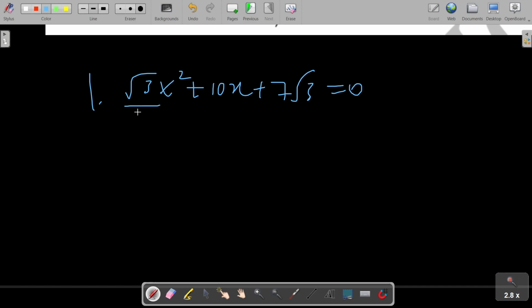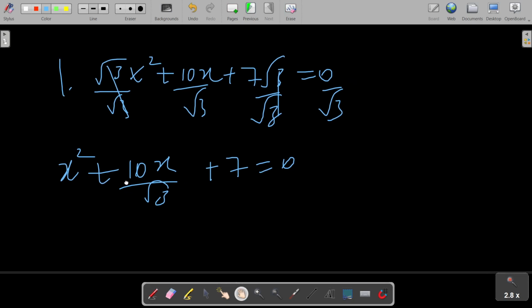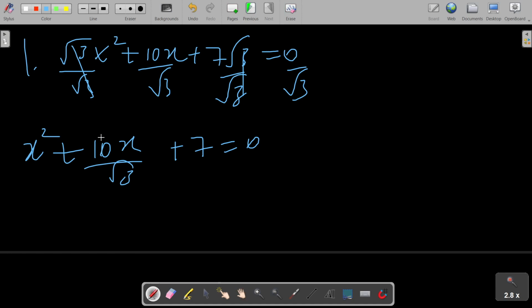So let's divide by root 3 on both sides. This will get cancelled, this will get cancelled. We are left with x squared plus 10x upon root 3 plus 7 is equal to 0. So always try to make the coefficient of x squared one.